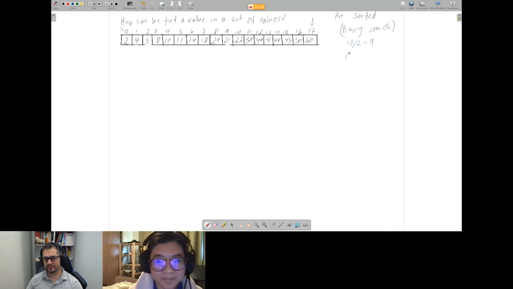So 17 minus 0 gives us 17. If we divide this over 2, that gives us 8.5. 8 is what would be considered the floor.